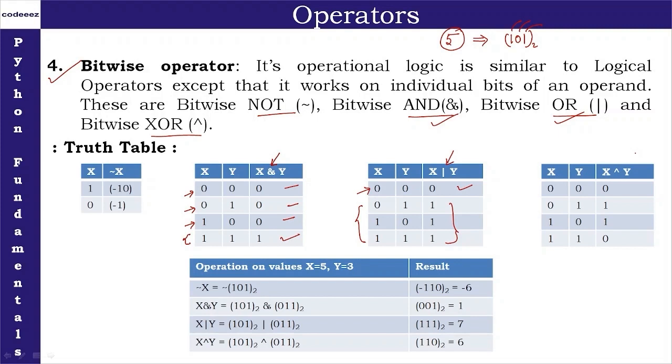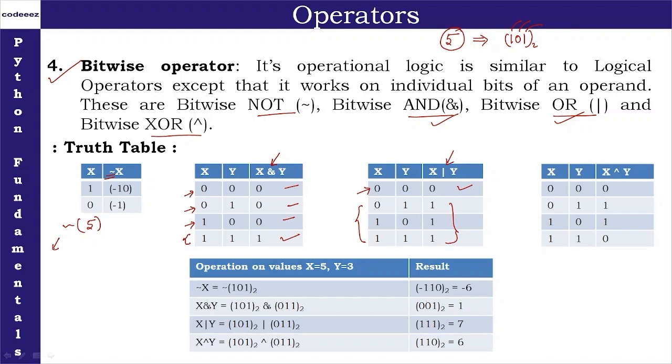I will give you an example. Suppose that I am applying a bitwise NOT operator on the value 5, which is denoted by the tilde sign. So what will it give as the result?